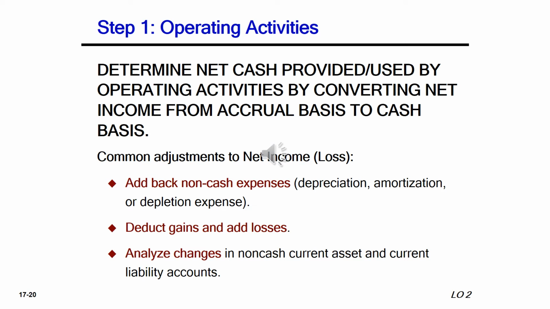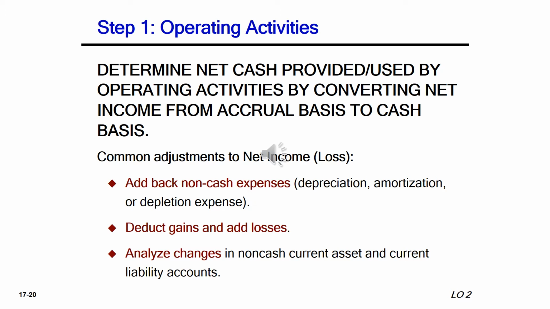So let's begin creating our statement of cash flows. We'll start with the first step, of course, with the operating activities. We want to determine the net cash provided or used by operating activities by converting net income from accrual basis to cash basis.